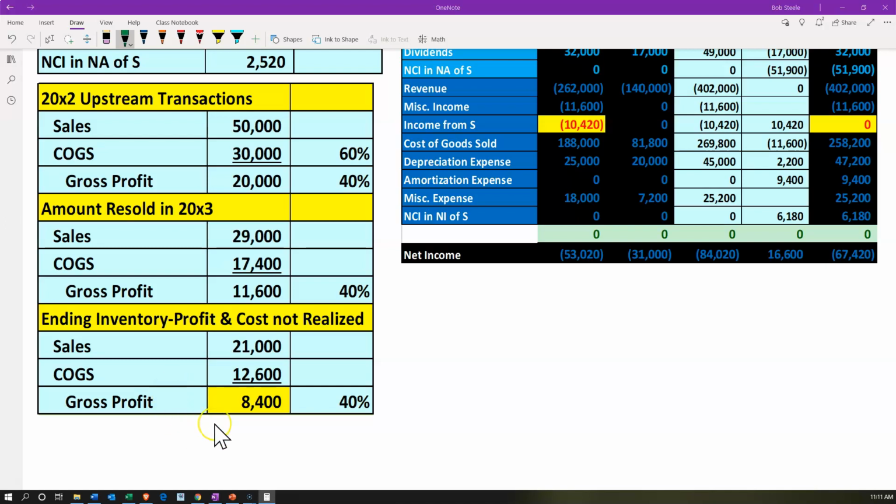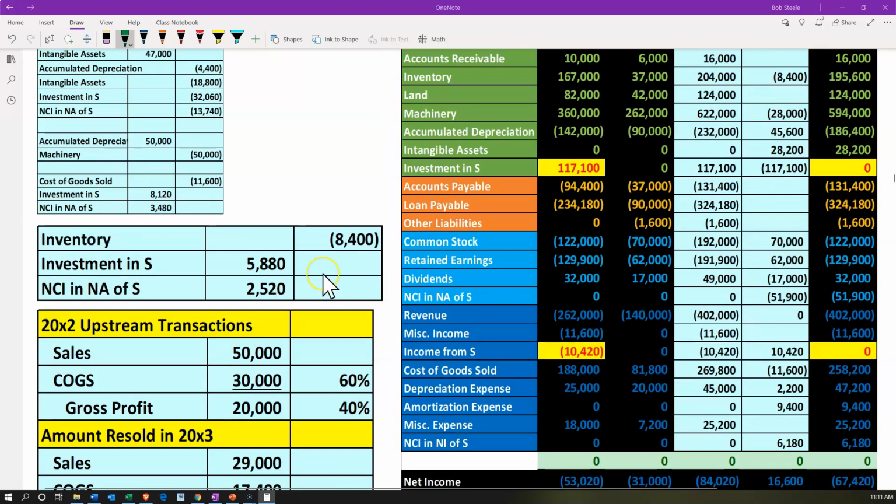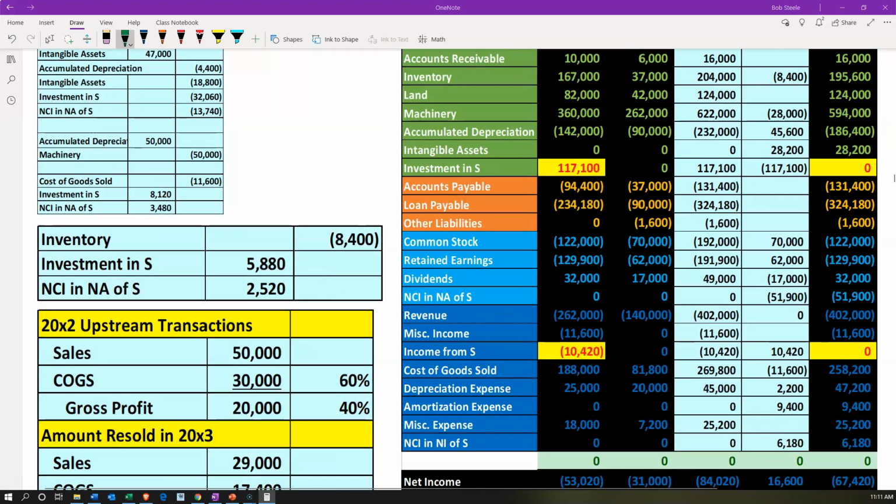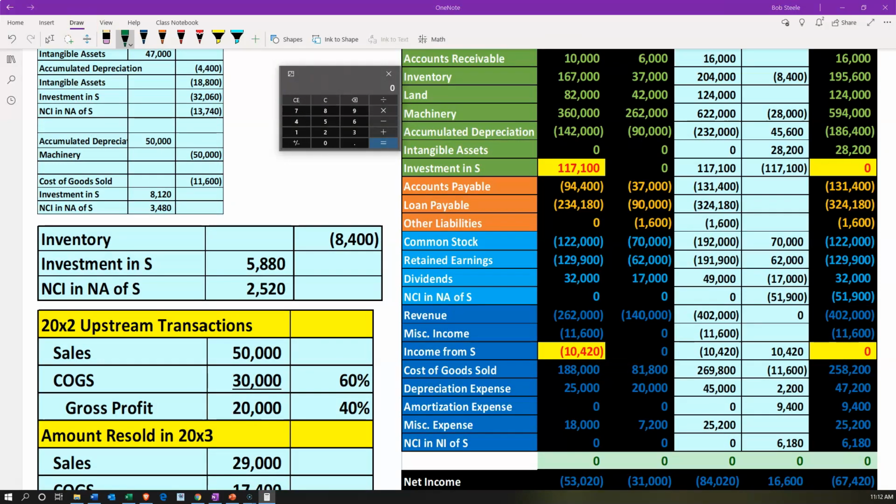So what we're going to do is take this 8,400 and credit inventory for it, and then on the other side we're going to break it out based on our 70-30 split. So there's that 8,400 times 0.7, that's going to be the 5,880.